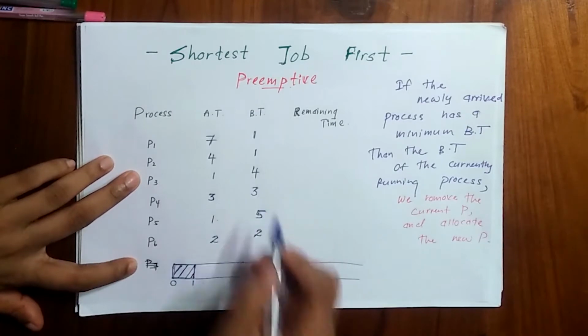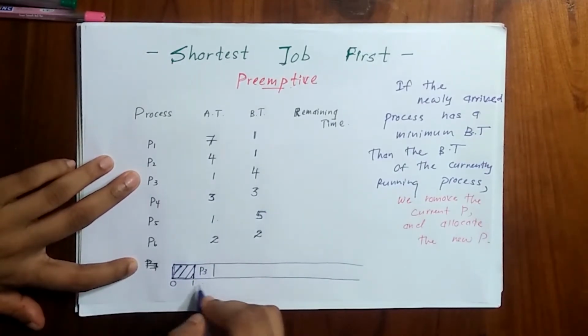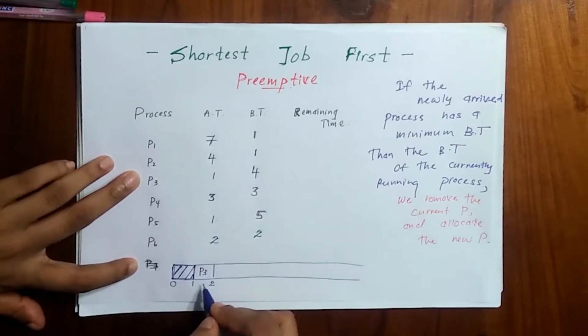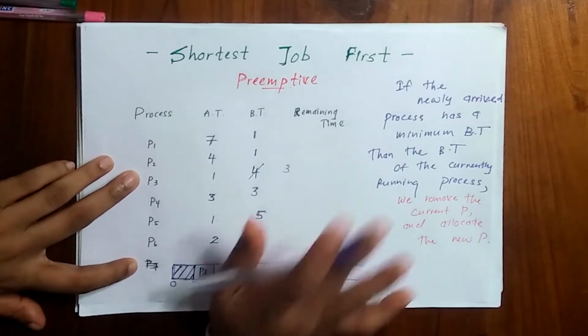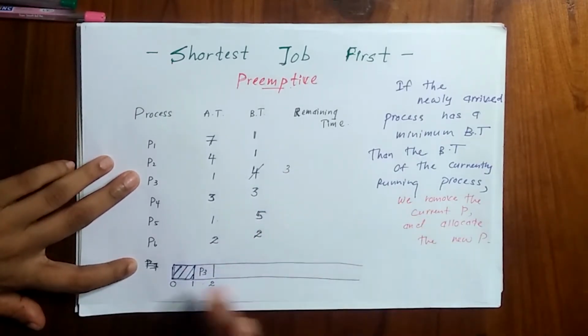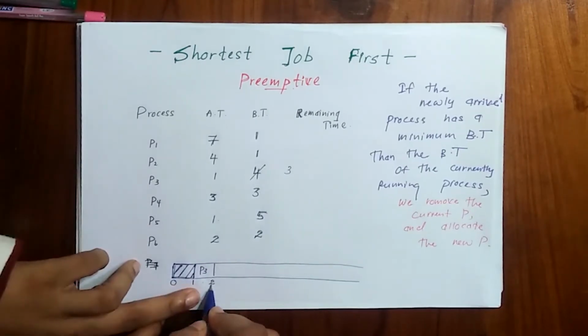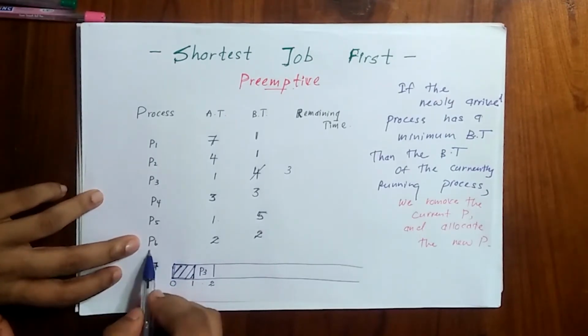From P3, I'm going to place only 1 here. That means 1 plus 1, it is 2. From this 4, we took only 1 and we have 3 remaining. We are doing 1 by 1. Within these 2 seconds, we can see that P6 also arrives.